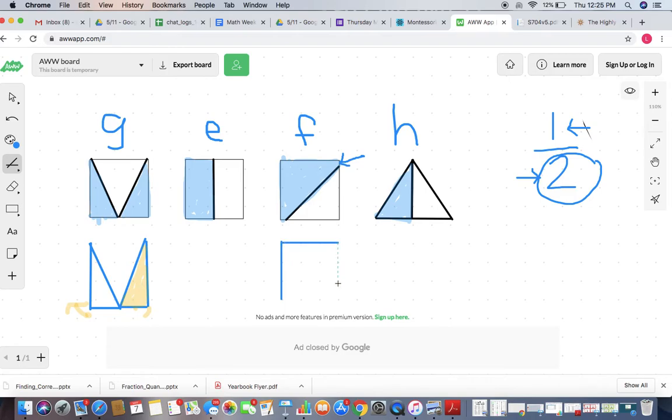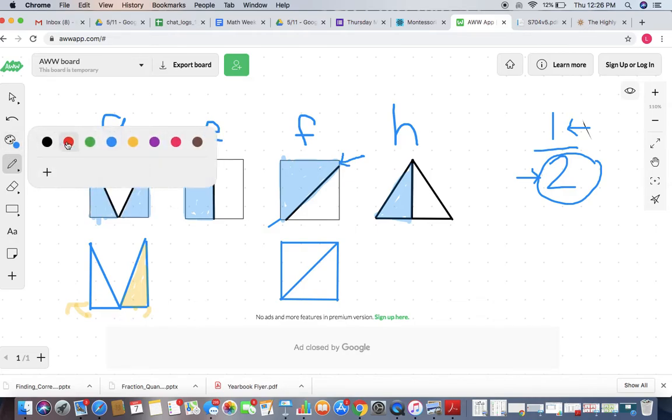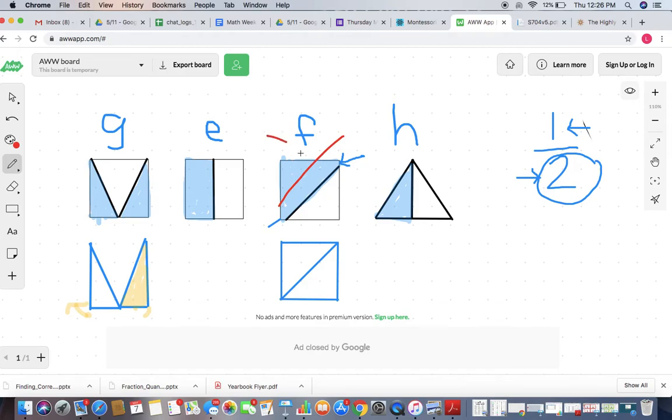Doing my best here, not having my geometric cabinet from our Montessori classroom. If it were half, it would start directly in the corner and go corner to corner. You can see how this one is not directly in that corner. So this is not a half. Doesn't work.